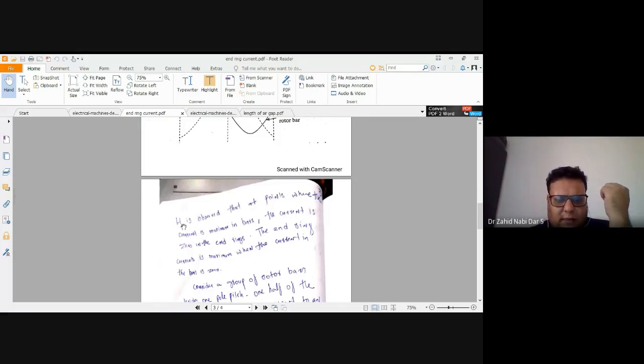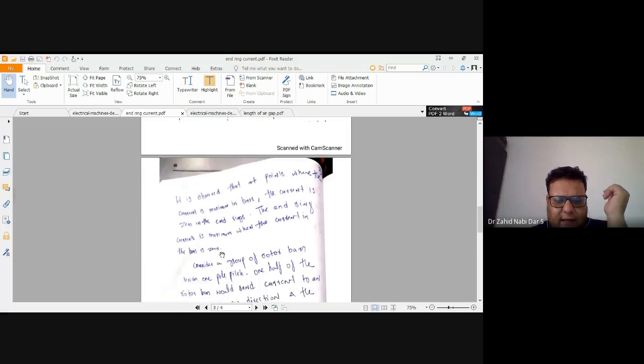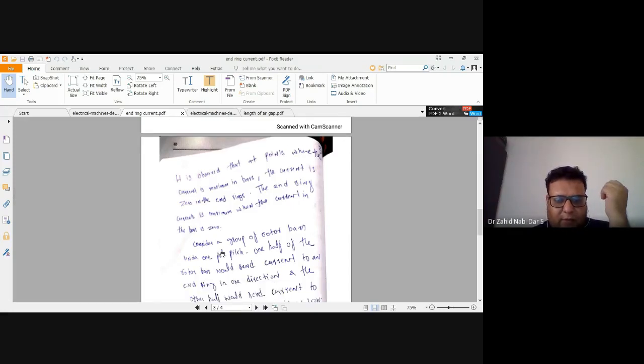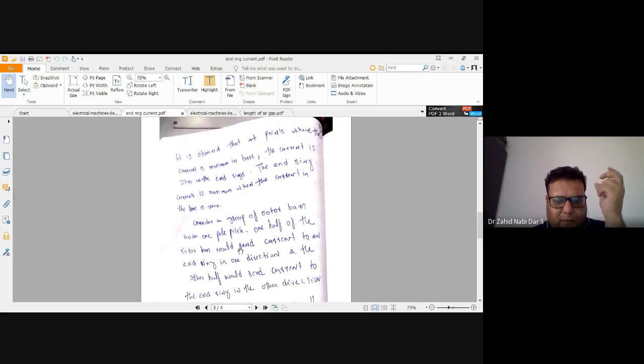So now it is observed that at points where the current is maximum, that is in the bars, the current is zero in the end rings. The end ring current is maximum when the current in the bars is zero. So you can see both things: the end ring current and the current in bars. When bar current is less, the end ring current would be maximum. So let's consider a group of rotor bars under one pole pitch.